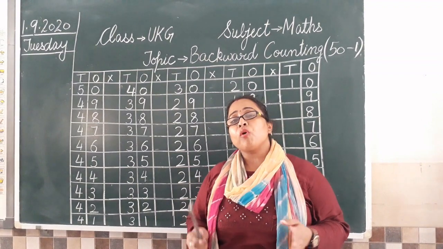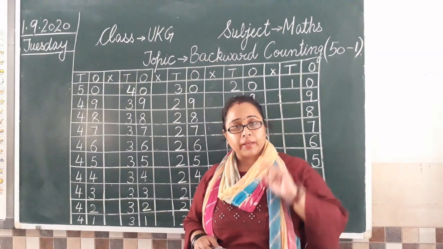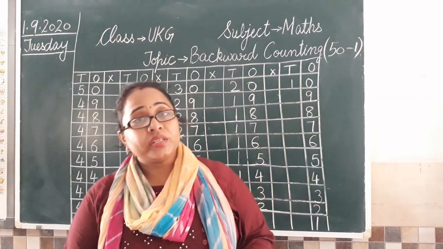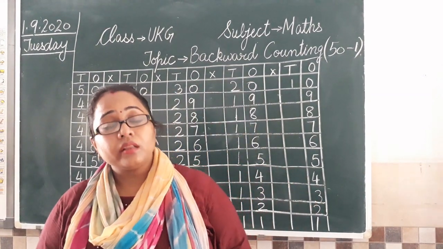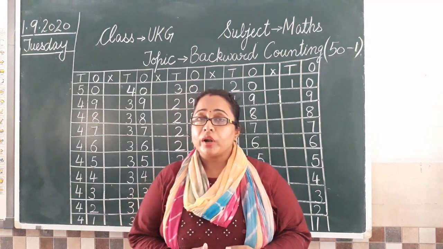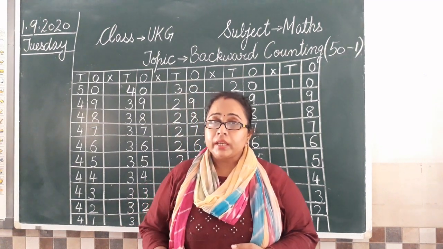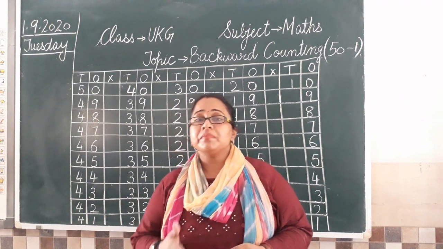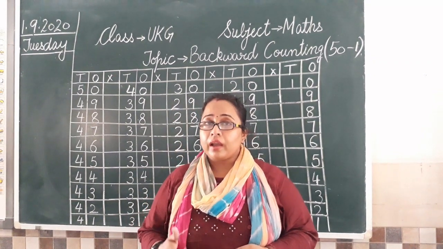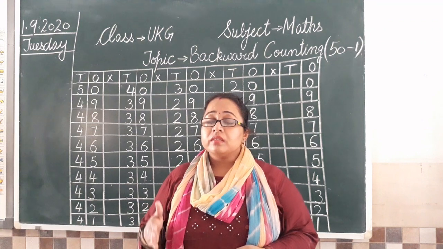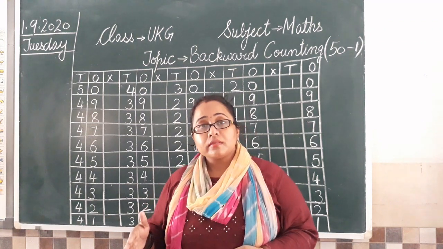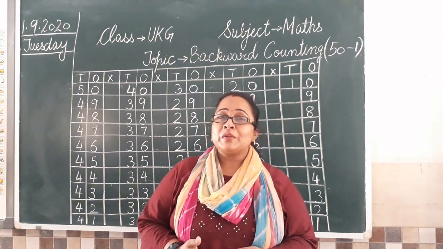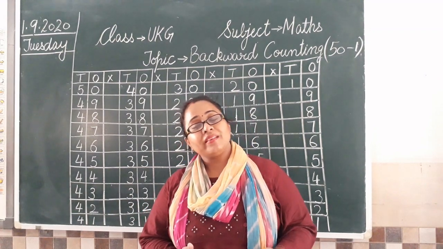Now what comes before 21? 20, 19, 18, 17, 16, 15, 14, 13, 12, 11. Then comes 10, 9, 8, 7, 6, 5, 4, 3, 2, 1, 0.